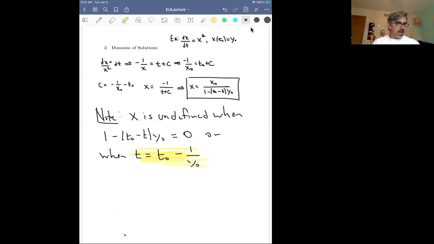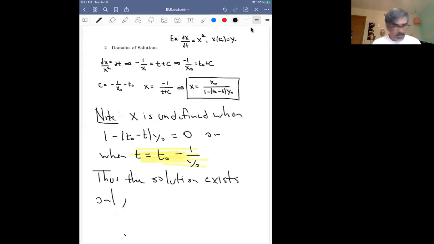That tells us that there exists a solution, but the solution only exists for a finite amount of time. Well, it might not be finite. In fact, it's not in this case.